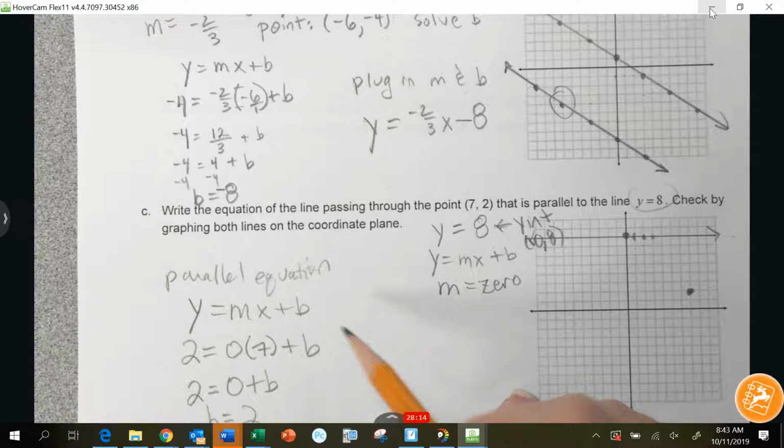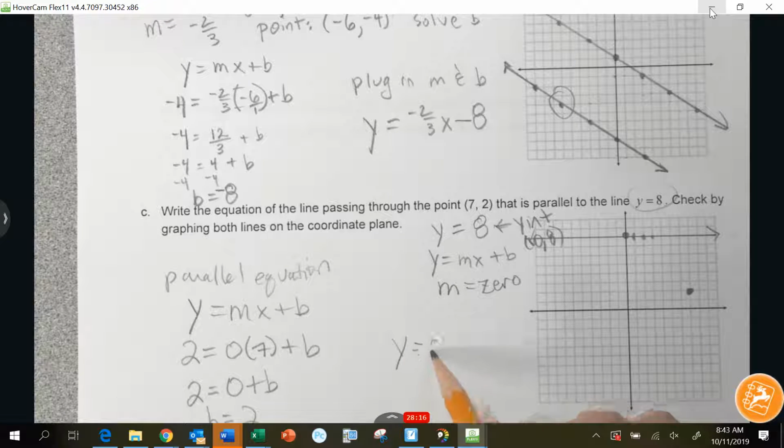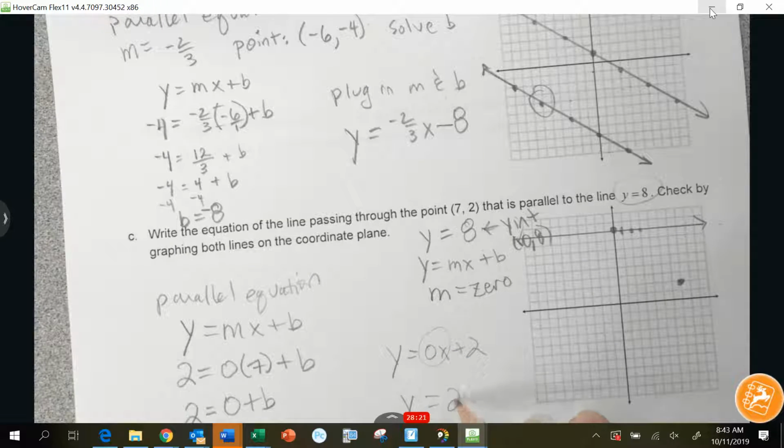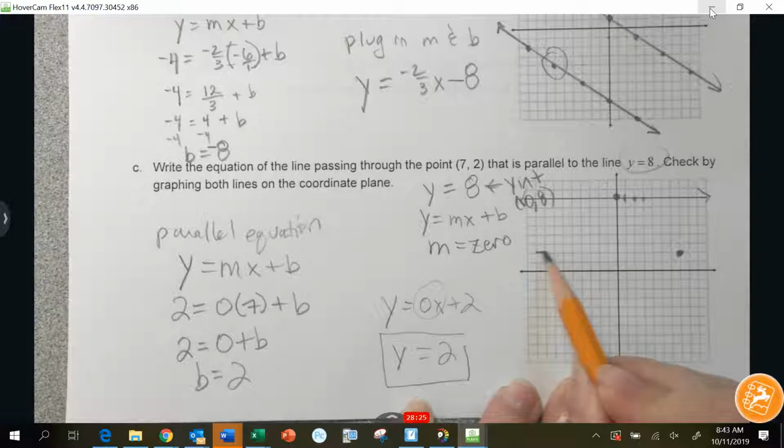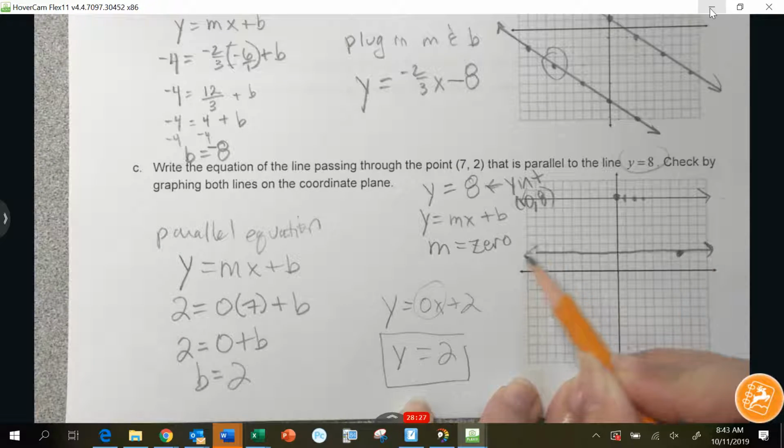So my equation is y equals 0x plus 2, but I don't write 0x. Y equals 2. And that should be a horizontal line that passes through.